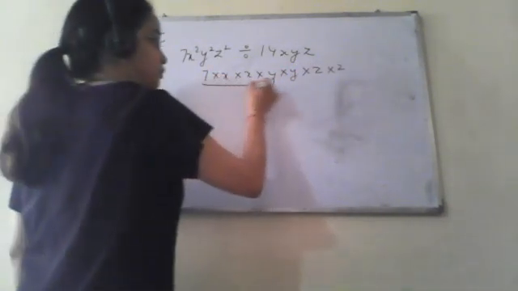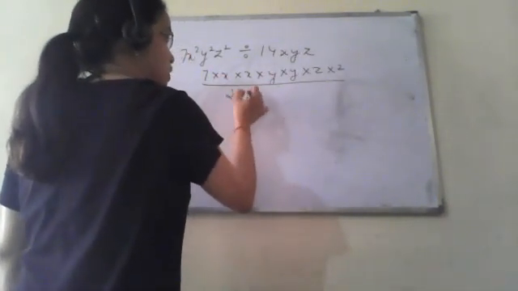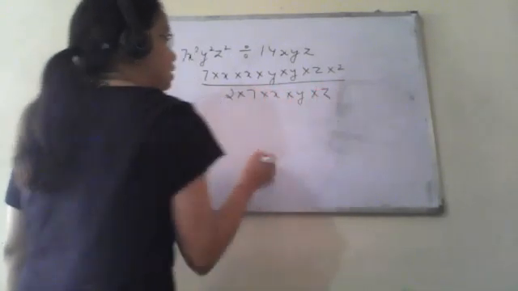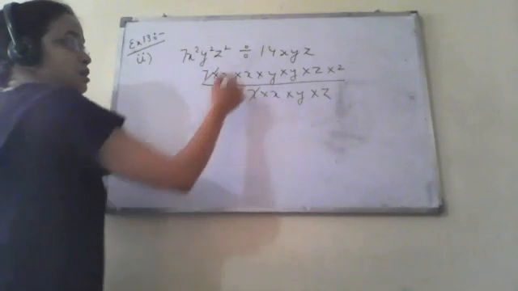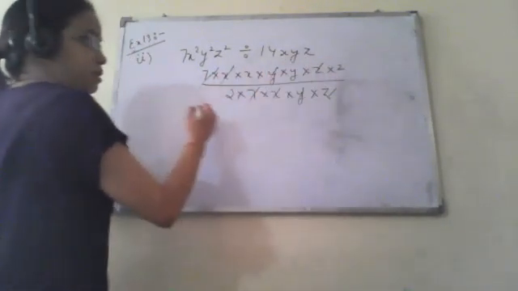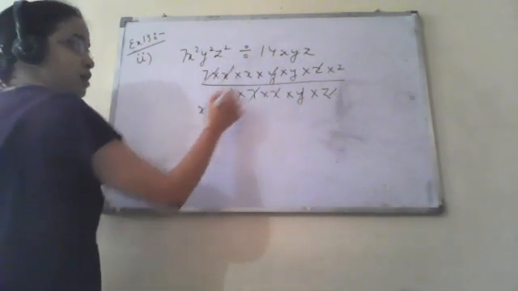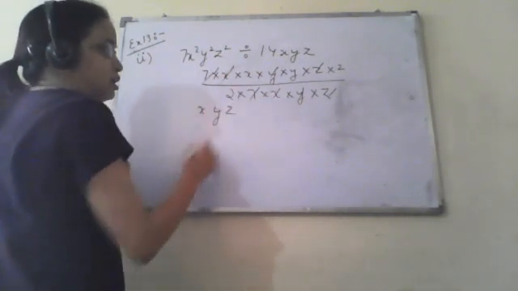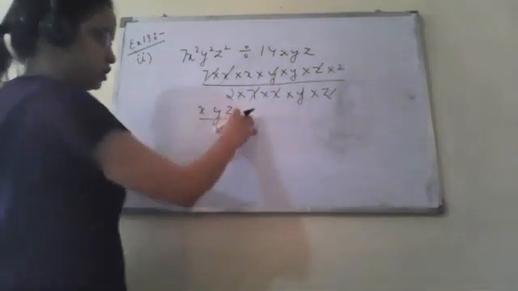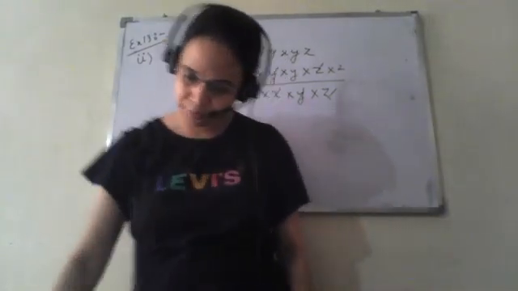Clear? The denominator is 2 into 7 into x into y into z. Now this 7 will get cancelled, one of the x will get cancelled, and one y and one z. So in the numerator what do we have? We have x, y and z. And in the denominator we are left with 2. So the quotient will be xyz upon 2.